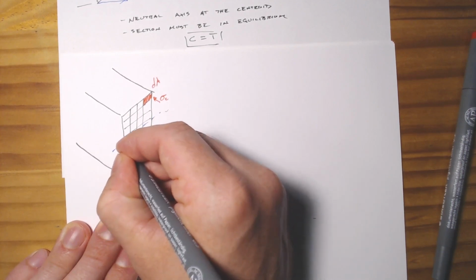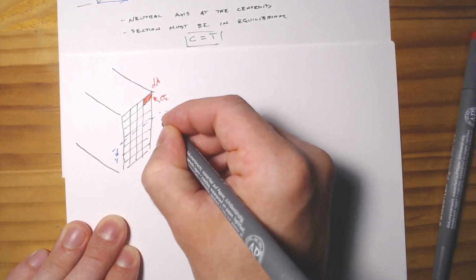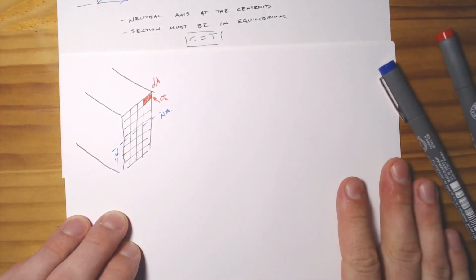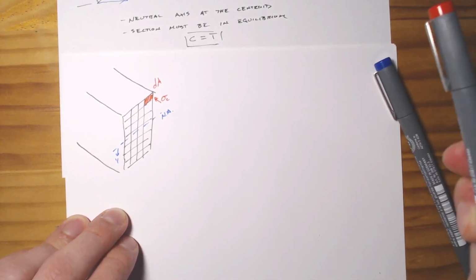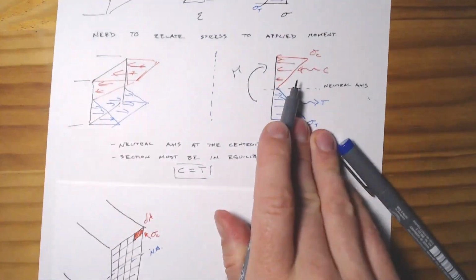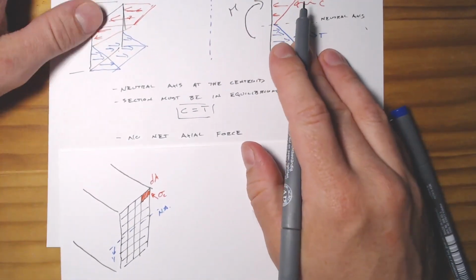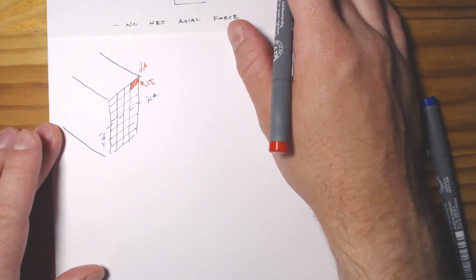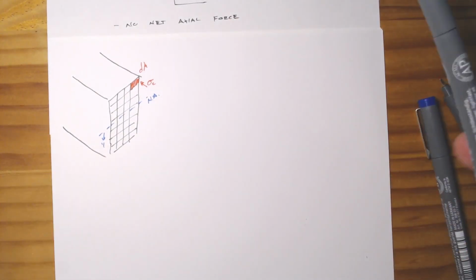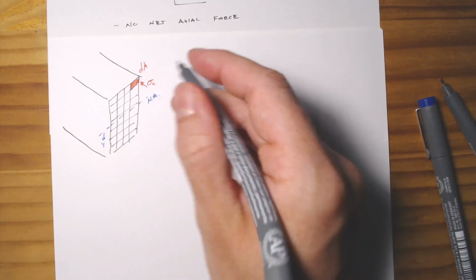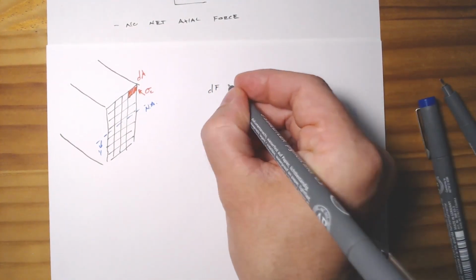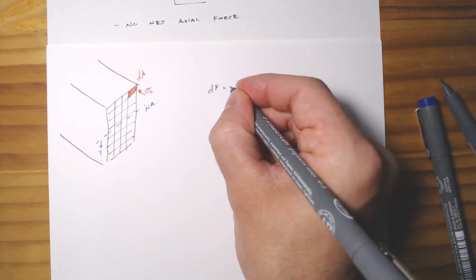So we'll set up our coordinates: y is going down, neutral axis is right there. So we've got this compression on the top, and that's some stress. Well, stress times an area is going to be a force. So we can say that we've got some tiny little force right up here. We'll call it dF.